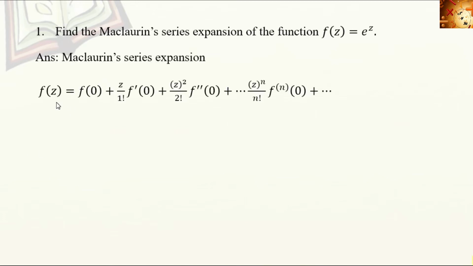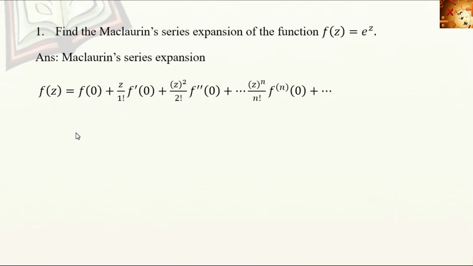So the series expansion will be f of z equal to f of 0 plus z by 1 factorial f dash of 0 plus z square by 2 factorial f double dash of 0 plus etc., plus z raised to n divided by n factorial into the nth derivative of f at the point 0 plus etc. Here we want to find the derivatives, all the derivatives at the point z equal to 0.